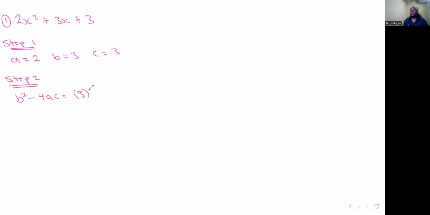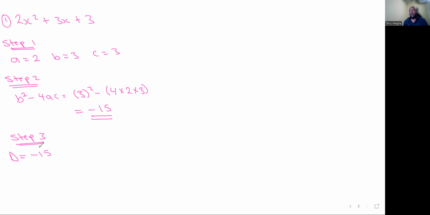B is 3, so 3 squared minus 4 times 2 times 3, and this will give us minus 15. And step 3, D is going to be equal to minus 15. So we've gotten the answer to be minus 15.